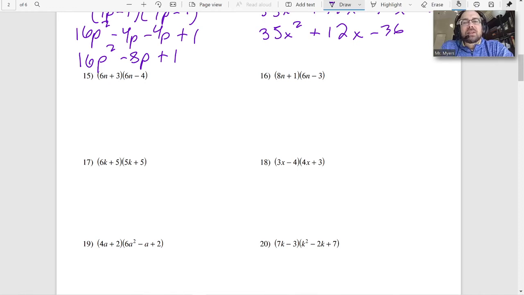If the powers are the same, so like 6n and 6n, they have a power of 1 for each of those. It's not n squared or n cubed or anything like that. So we know we're going to combine the middle terms. Okay, and the same goes with the numbers. The 3 and the 4 don't have any powers. They're not multiplied by a letter, or a letter to a power or anything like that.